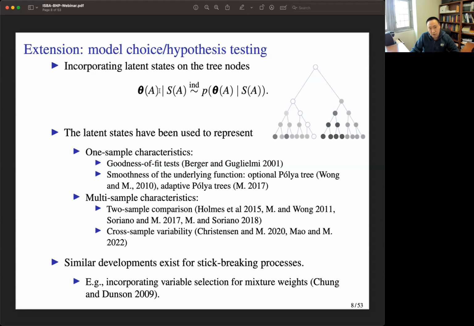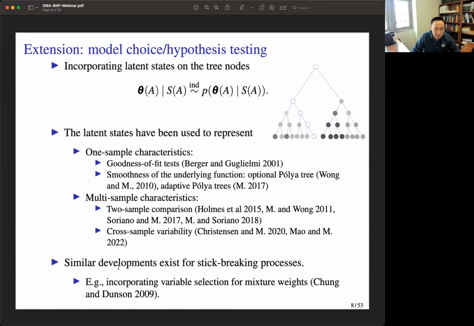Basically, in those contexts, before introducing the latent states, the hypotheses are tested by assuming that there is a shared latent state, null or alternative, over the entire tree space. All the nodes share the same latent state. And my recent work mostly generalizes that to allowing different latent states at different tree nodes and building dependencies across them.